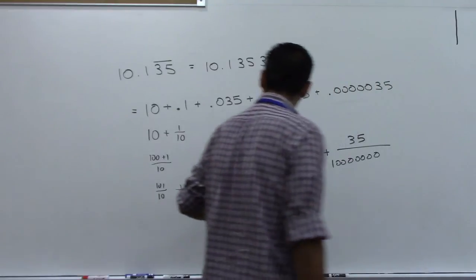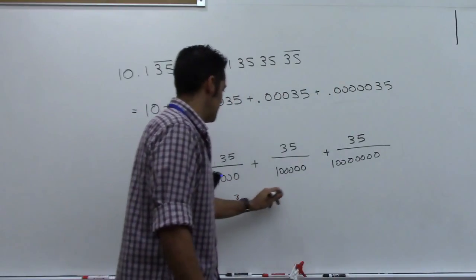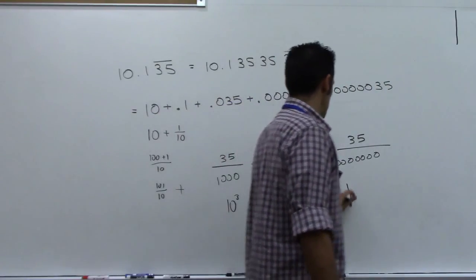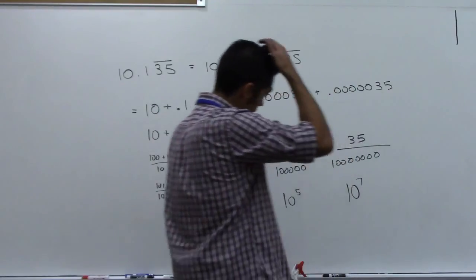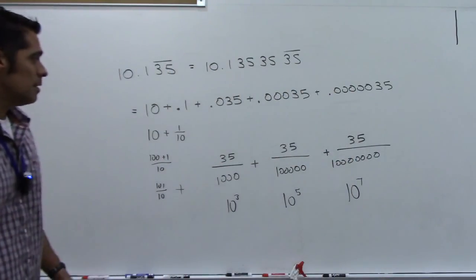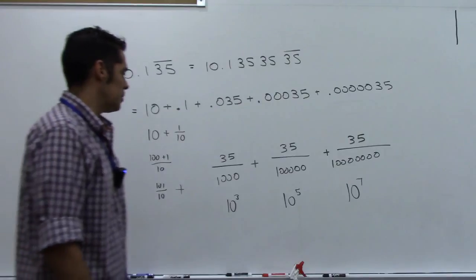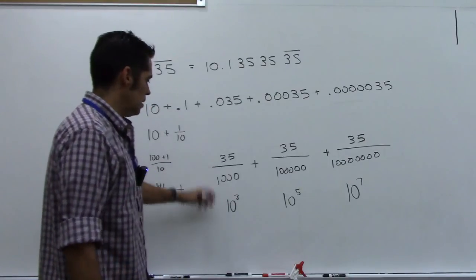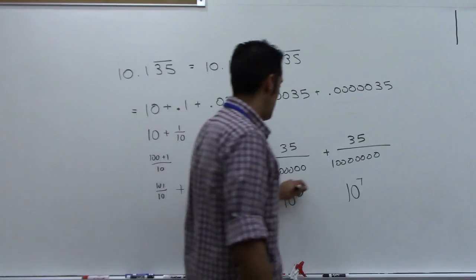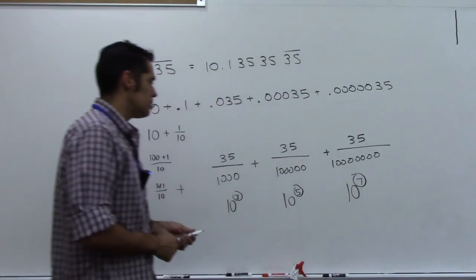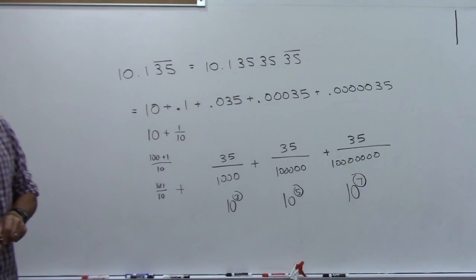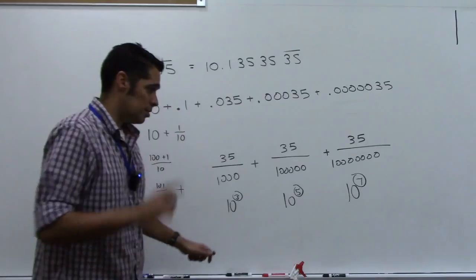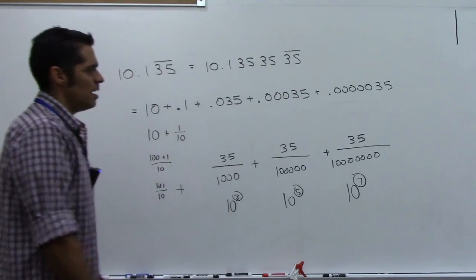So what you get here is 10 to the third on the bottom, 10 to the fifth, 10 to the seventh. And so when you do this, your formula is going to be a little different than the last one. Okay, you just have to create 3, 5, 7. You have to create the odd numbers starting with 3. So that's the important thing. You have to start with 3. So let's see how you do with that.